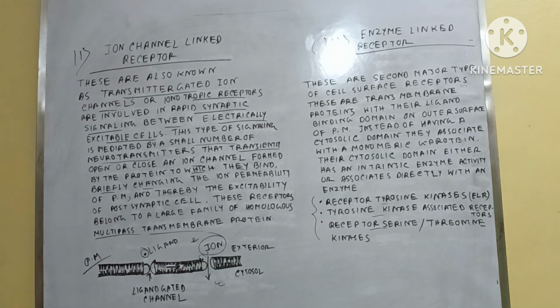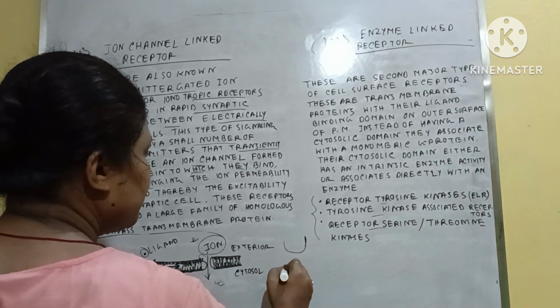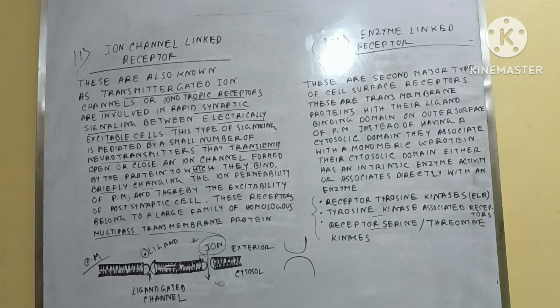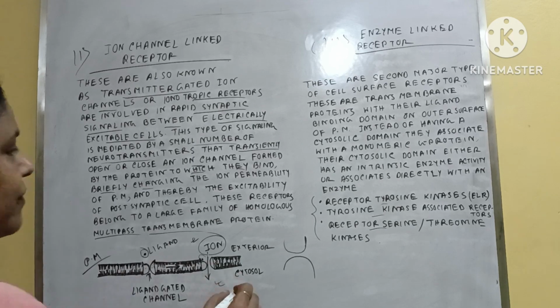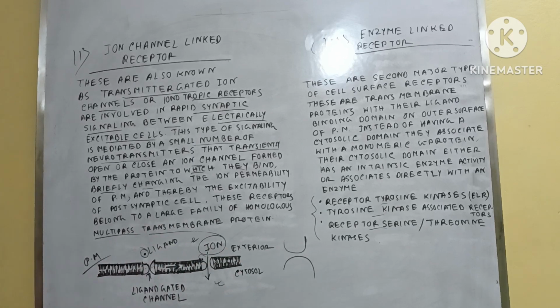This changes the ion permeability of the plasma membrane and thereby the excitability of the postsynaptic cell. We know that in the nerve cell there are a presynaptic cell and a postsynaptic cell. Suppose this is pre and this is post.